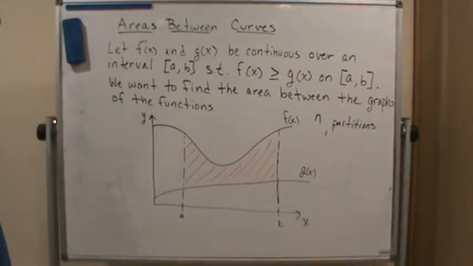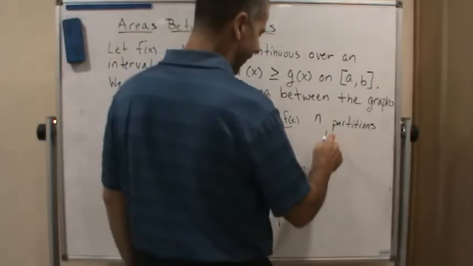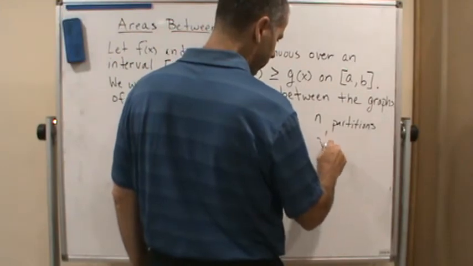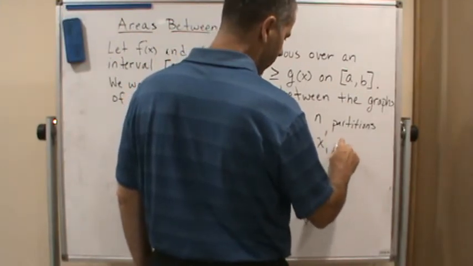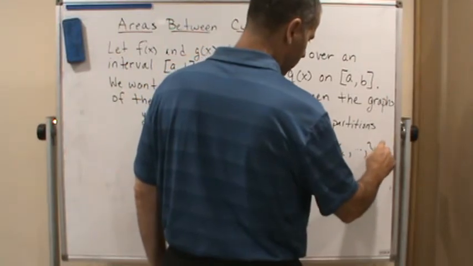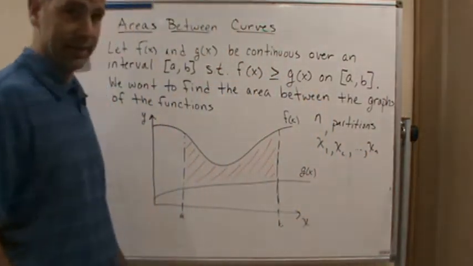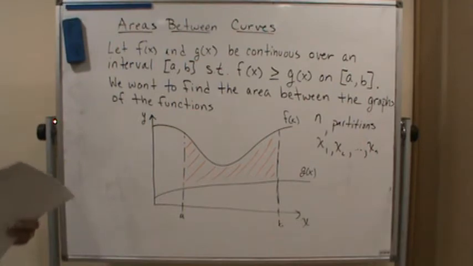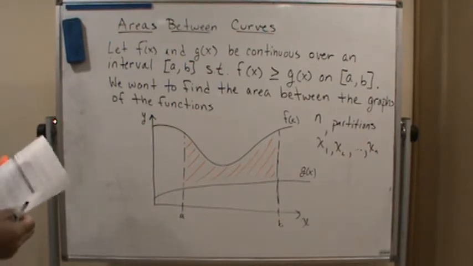We're going to divide it up into n partitions, n intervals, for x equals x of 1, x of 2, all the way to x of n. Okay, so that's what we're going to start with.